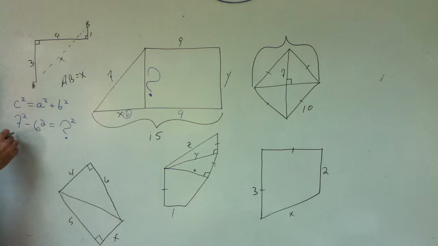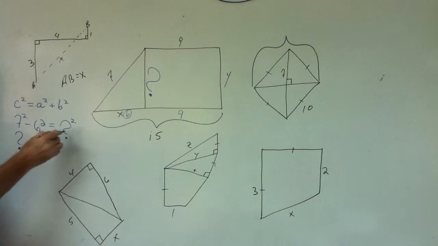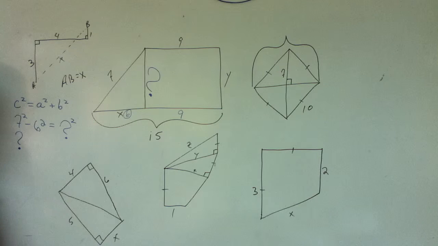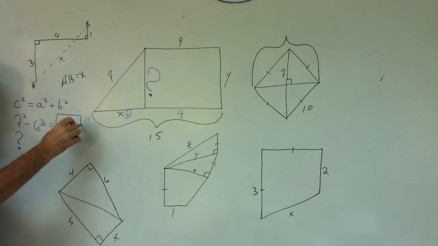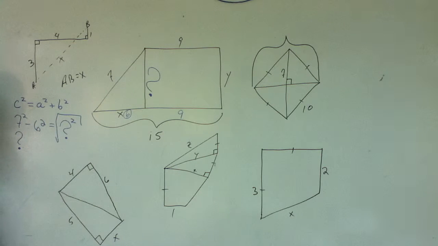We're going to take the square root of both sides. What's the square root of a squared? It's just a. Right? Nana?